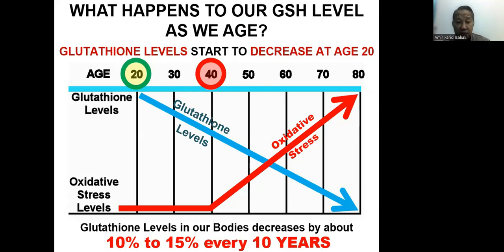So that will give a lot of problems. Not only will you have oxidative stress, you will have excess inflammation, you will have excess toxins, you will have a poorly functioning immune system, and you will have a low level of your signaling system, because all those depend on glutathione.